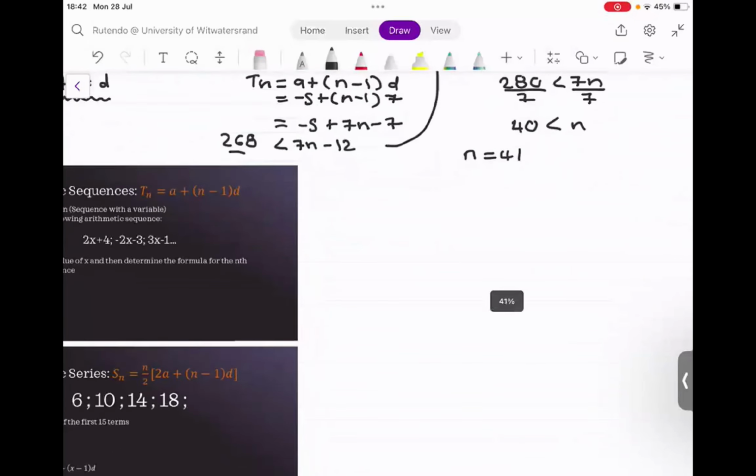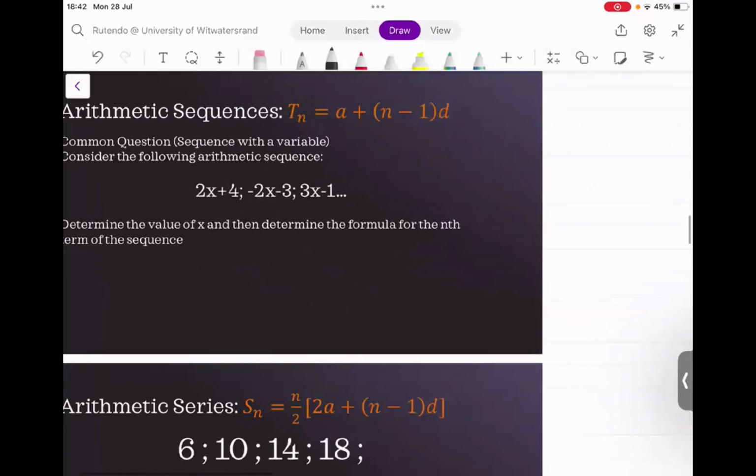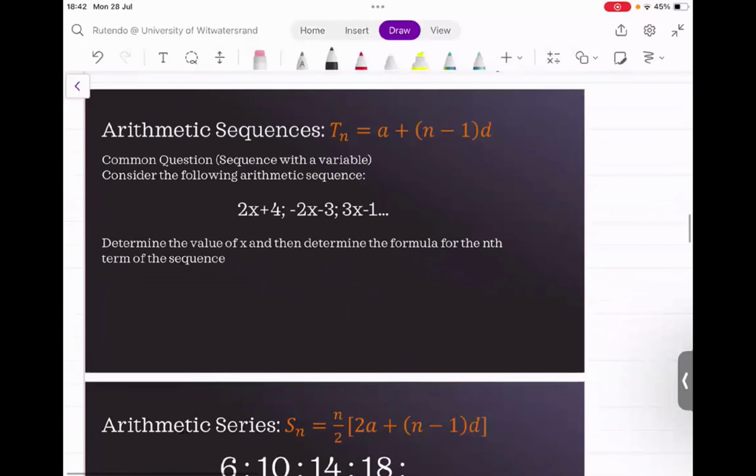Then our next very interesting question that they usually ask is what happens when you have a variable. So here we're given our sequence, and they tell us that it's an arithmetic sequence. They say consider the following arithmetic sequence, determine the value of x, and then determine the value of the nth term of the sequence.